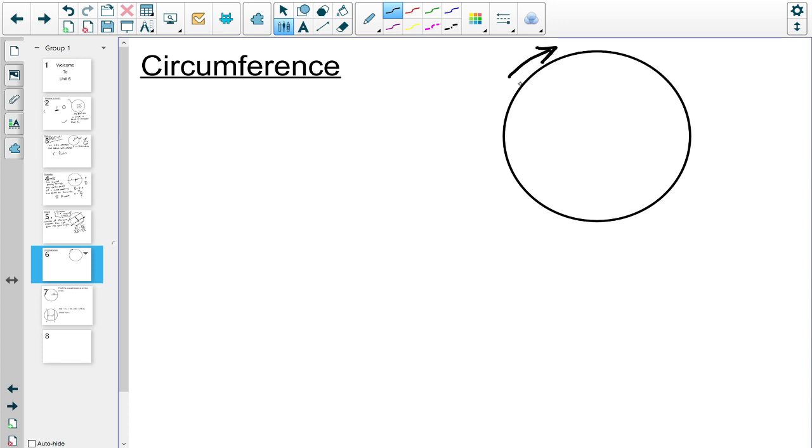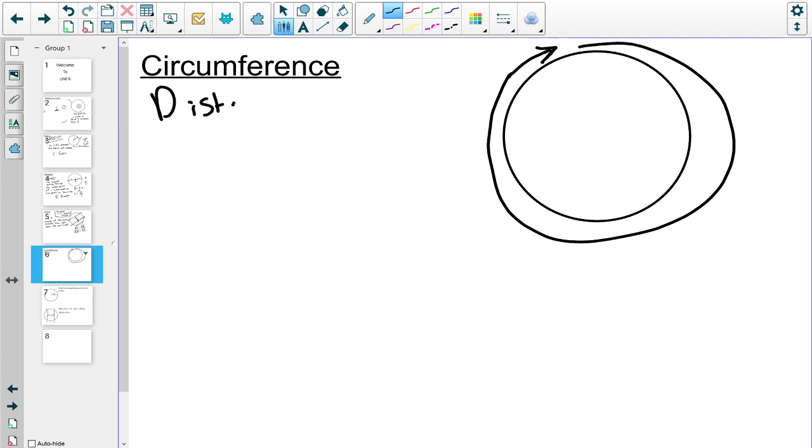So if you ever see an arrow around a circle, try to think circumference. The distance around the circle.